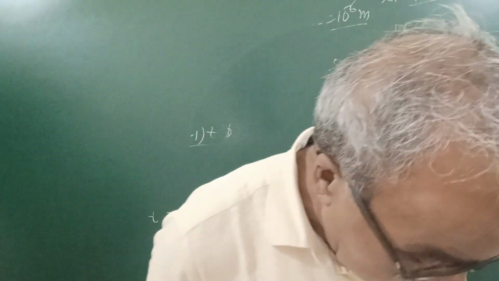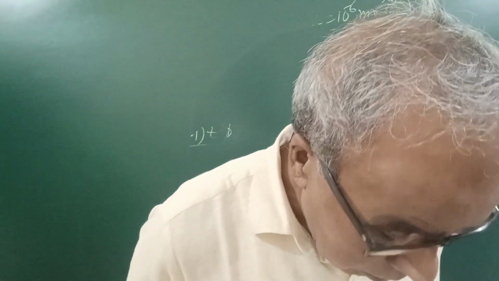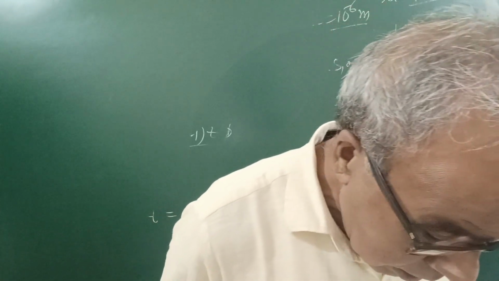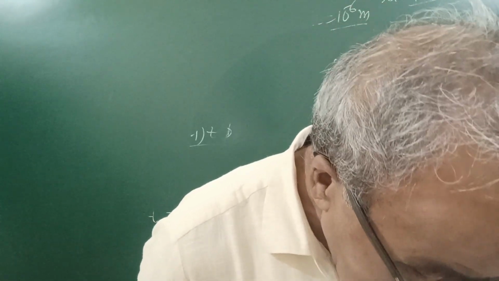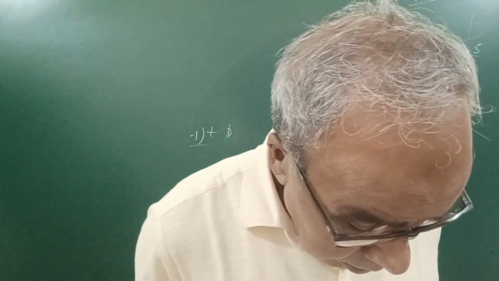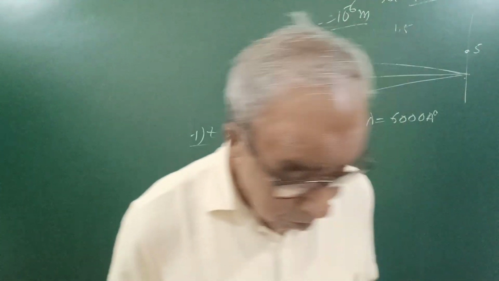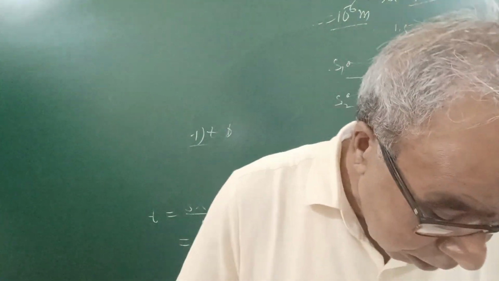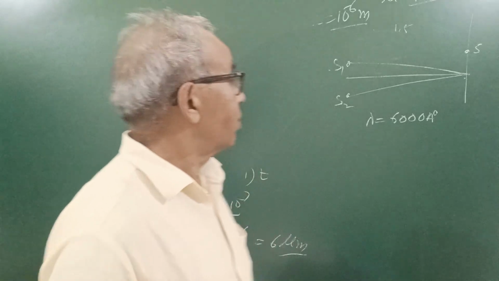It is found that the eighth bright fringe in the medium lies where the fifth dark fringe lies in air. The refractive index of the medium is nearly what? So this question was asked in NEET 2017.